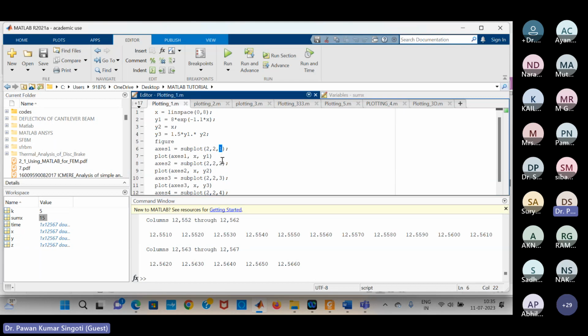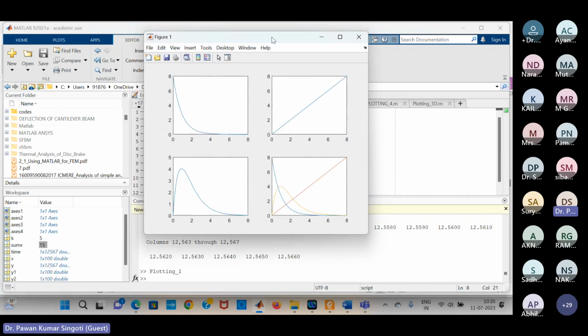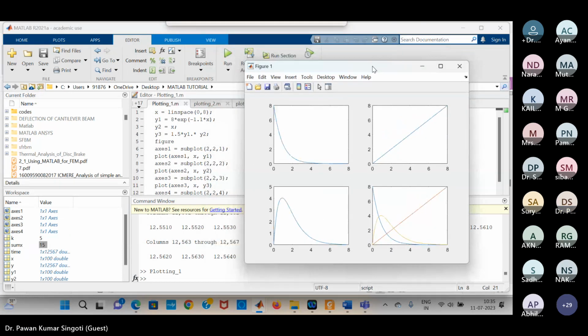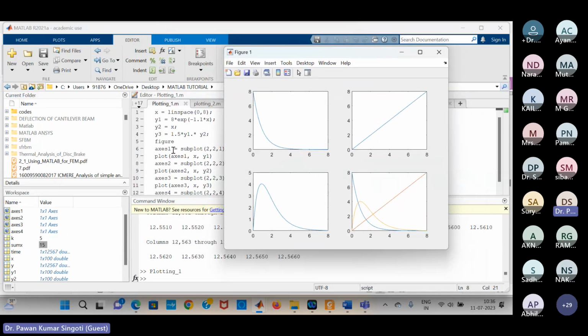This will be the first position. This is the second position. This will be the fourth position. Okay, so I'm writing this one. So x, y1, y2, y3. So you can see all the 4 figures with the help of this subplot came here.